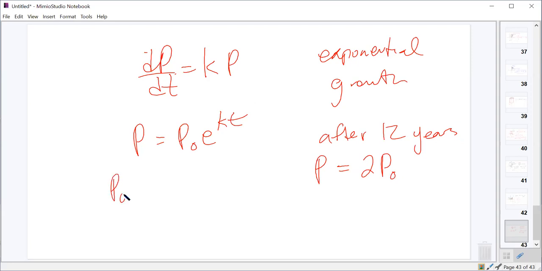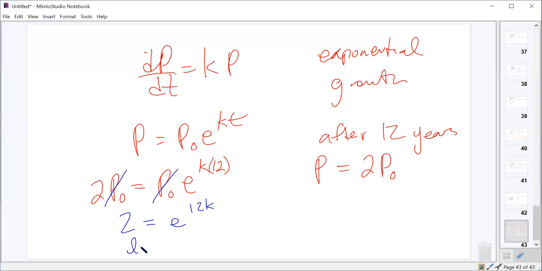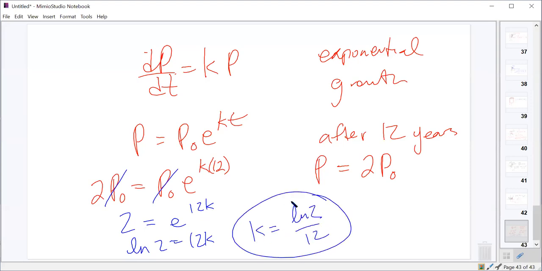So you'll just say 2P₀ = P₀e^(k·12) and solve for k. Divide the P₀ off of both sides, and you end up with 2 = e^(12k). Take the natural log of both sides, and your answer is k = ln(2)/12, which is some decimal.